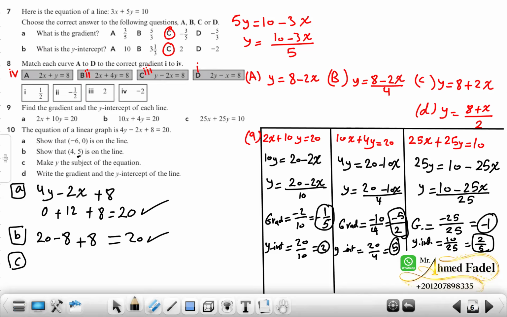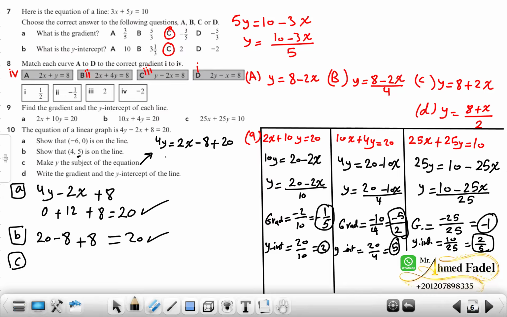Question C. Make y the subject. No problem. I'm going to move the negative 2x and the positive 8 to the other side. So it is going to be 4y equals 2x minus 8 plus 20. The 20 didn't move, that's why I'm going to keep the same sign.